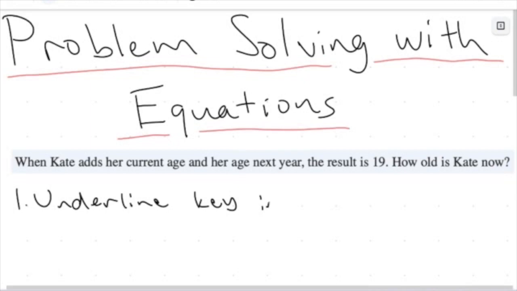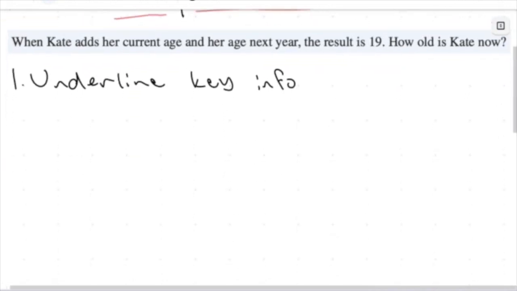We are adding Kate's current age and her age next year. And when I add these together, the result is 19. And we're asked how old is Kate now? So we want to find her current age.